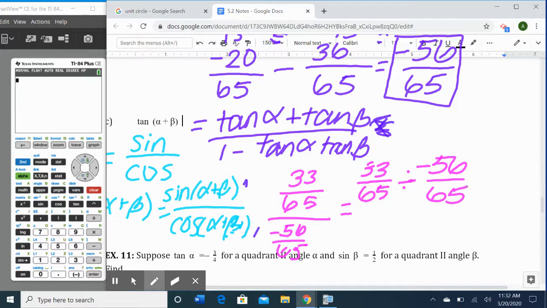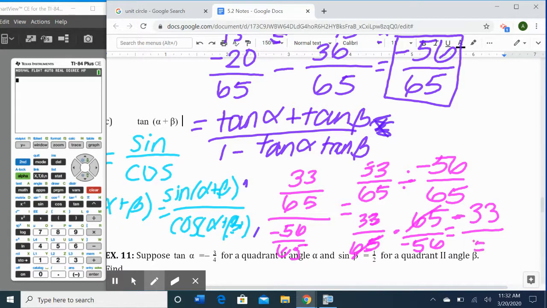Dividing by a fraction is the same thing as multiplying by the reciprocal. And what you should notice, before you get your calculator out, is that 65 and 65 cancel. So I'm left with 33 over 56 over negative 56. Let's just call the entire fraction negative. So negative 33 over 56 is the tangent. I could use my tangent formula, or I could use sine divided by cosine.